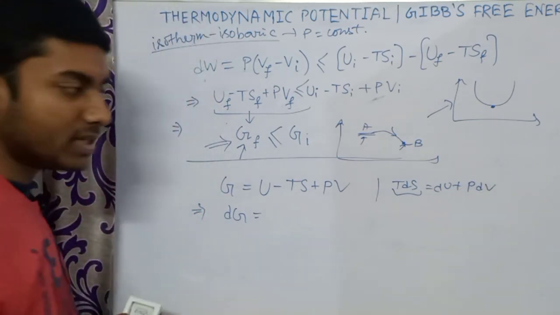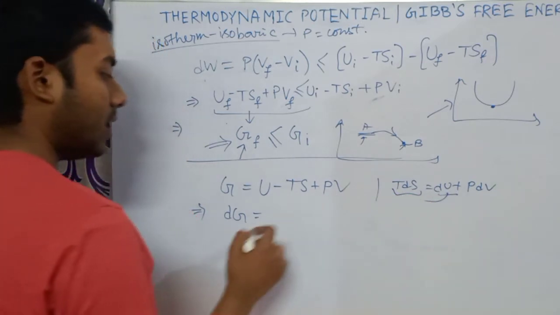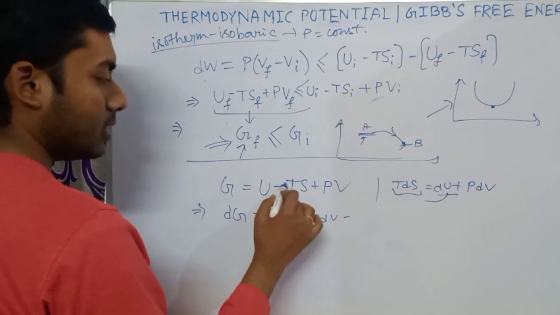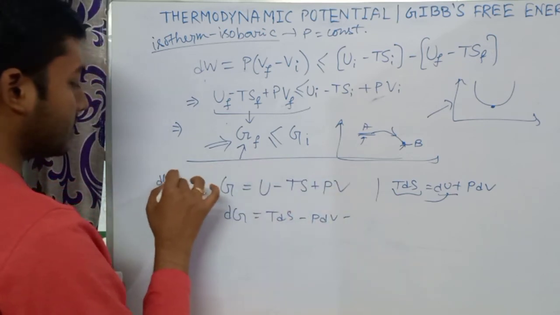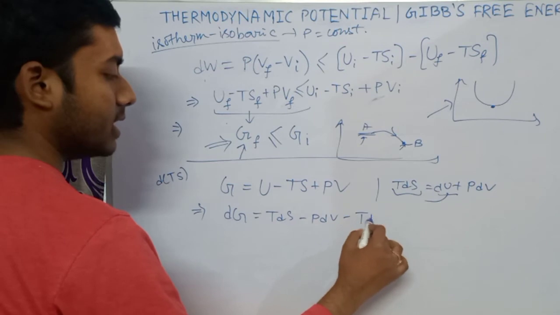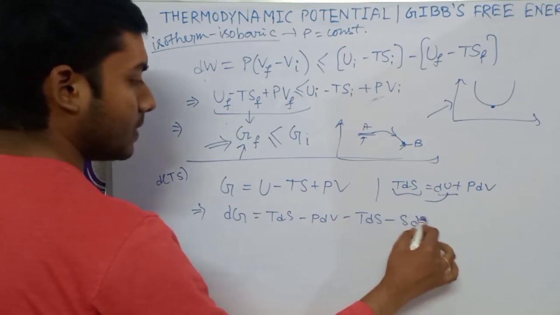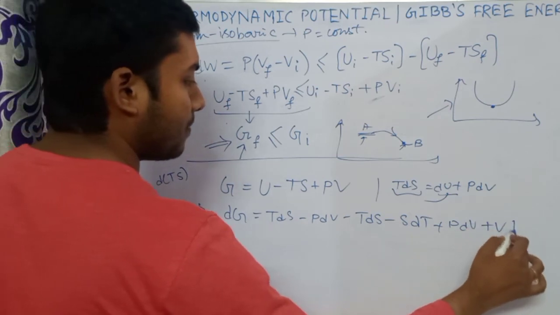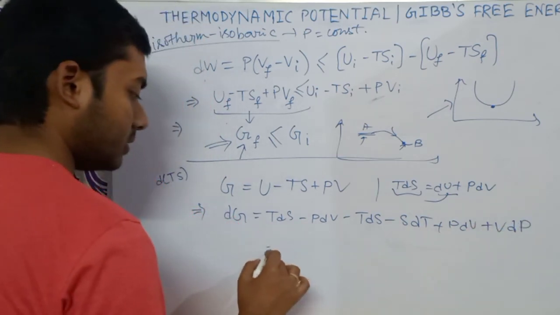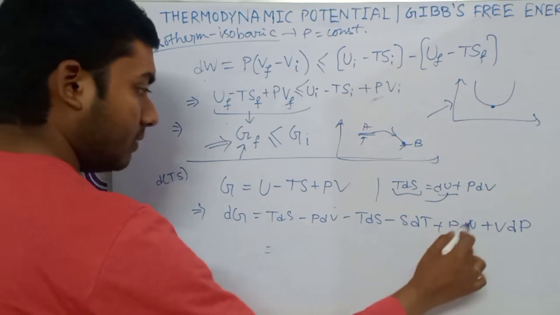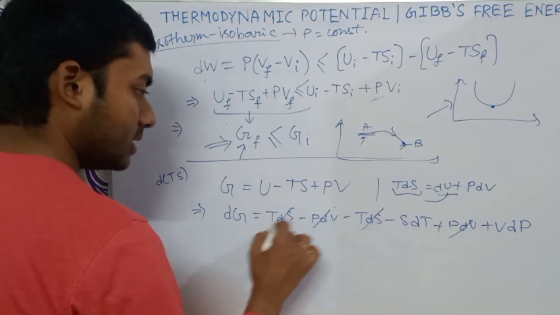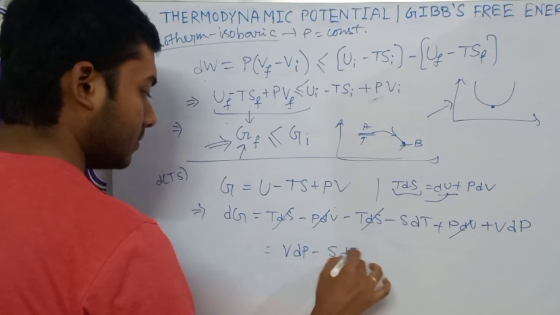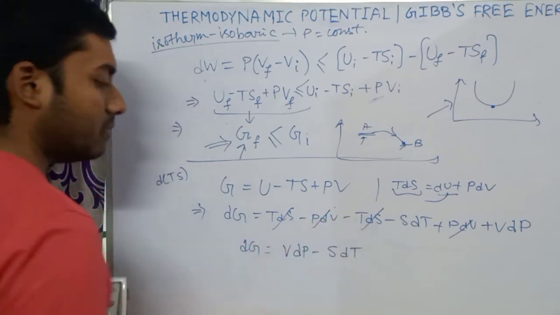So dU can be written as TdS minus PdV. Now d(TS) means TdS plus SdT, and d(PV) means PdV plus VdP. So PdV will cancel out, TdS will cancel out, and we are left with VdP minus SdT. So dG is equal to VdP minus SdT.